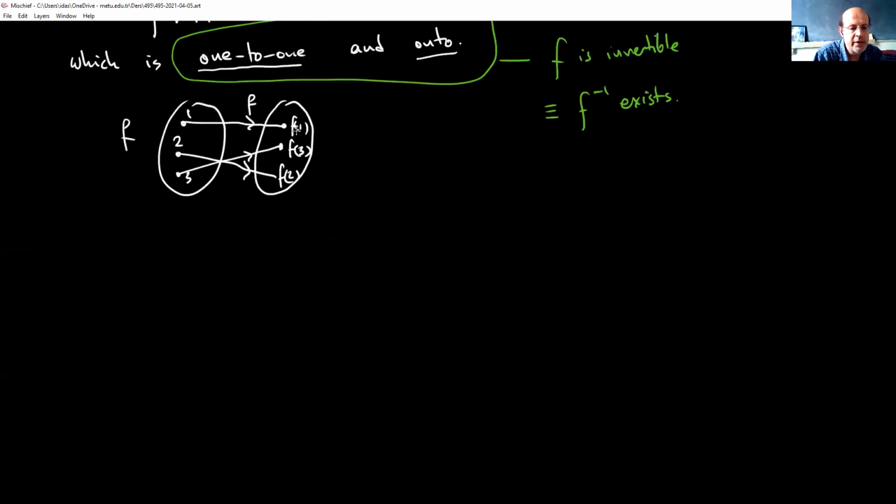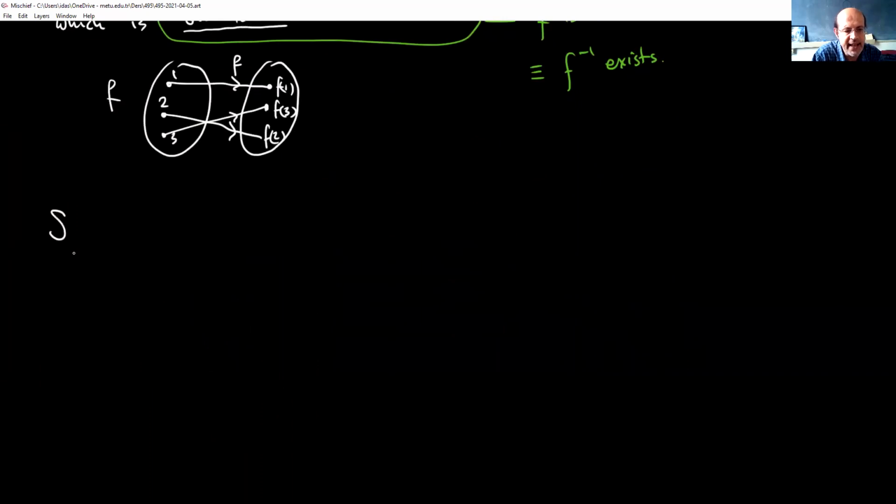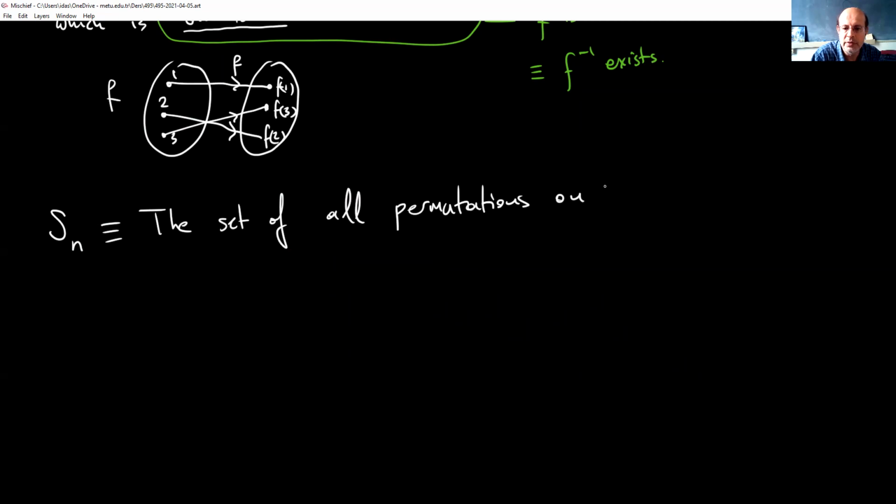So we define Sn, which is the set of all permutations on X. Just keep in mind that this is an n element set, right?